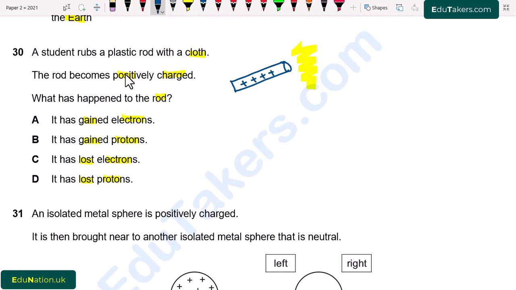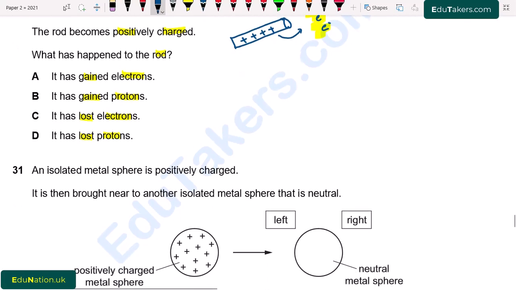It means that the rod has lost electrons. When the electrons from the rod are shifted towards the cloth, then there will be the positive charge on the rod. It means that from here, option C is correct.